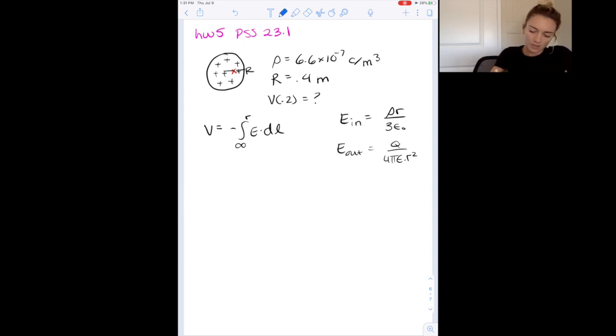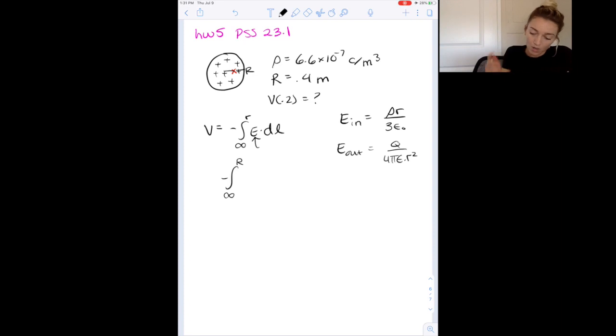Okay, so now let's start our integration. We want to integrate from infinity, where our potential is 0, to some point inside the sphere, little r. There are two different electric fields we have to integrate, right? We have to integrate over this one and over this one. So what we're going to do is break this up into two integrals, since we have two different functions.